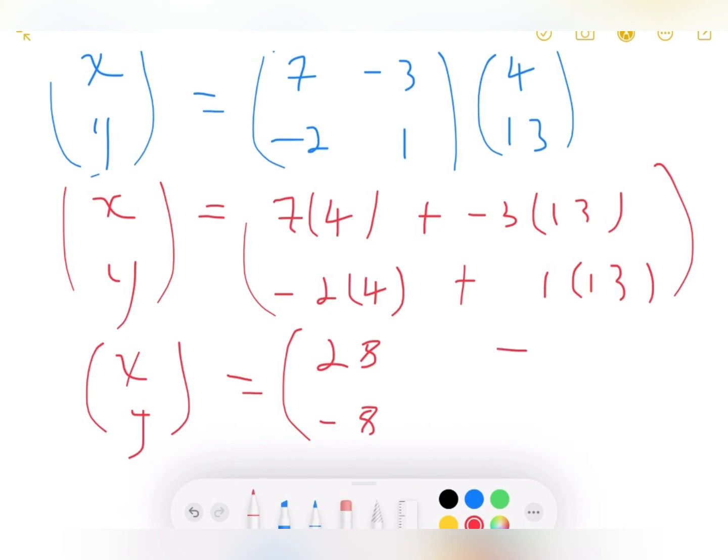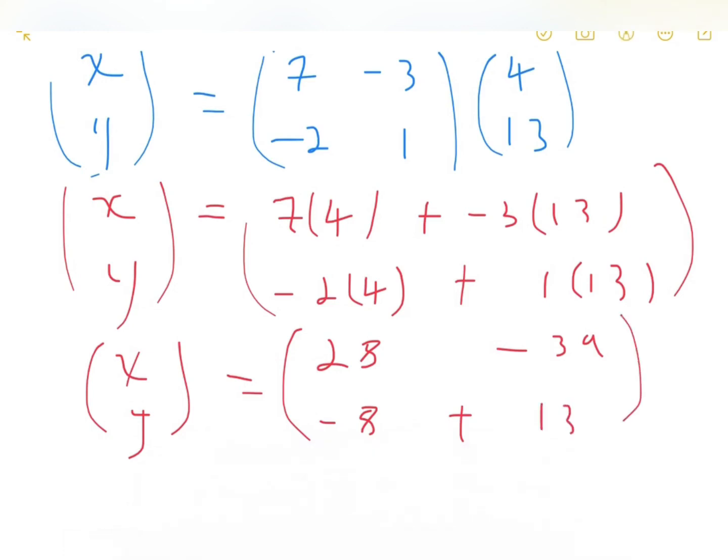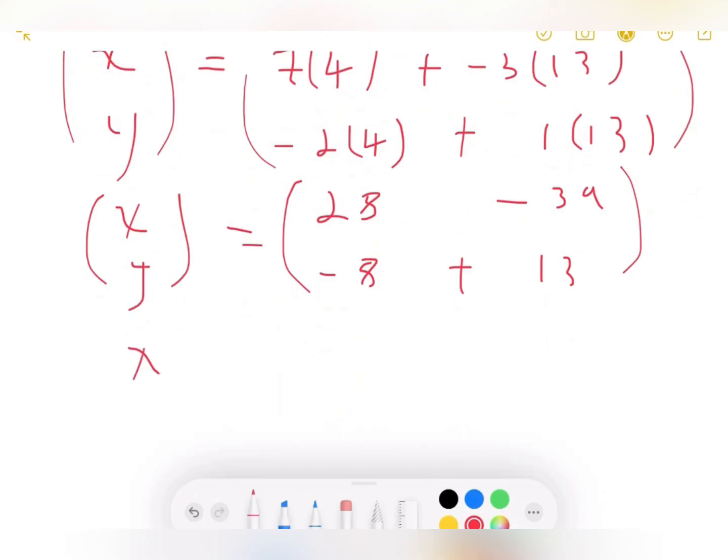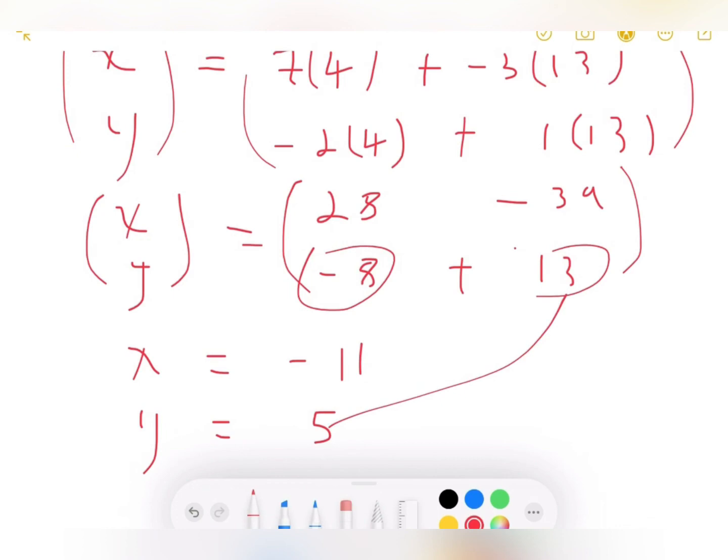So we'd have negative 39 plus 1 times 13 would give us positive 13. For X, we are left with negative 11. Y, we are left with positive 5, because negative 8 plus 13 would give us that 5. And positive 28 minus 39 would give us negative 11.